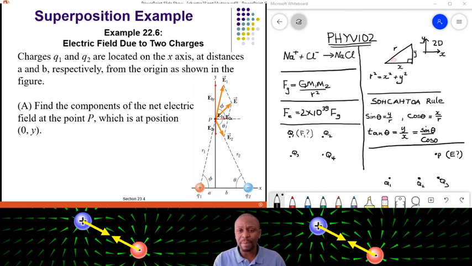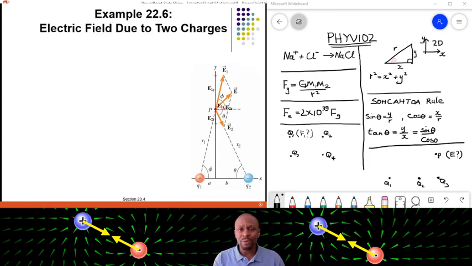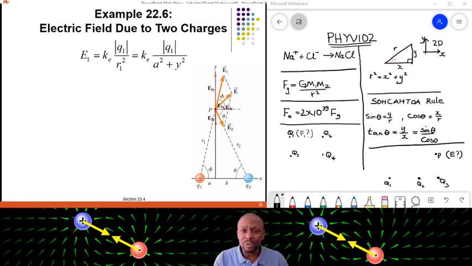Now, let us apply Coulomb's law. If you apply Coulomb's law for E1, this is what you are going to have. E1 is just going to be given by this. If we want to get the x and y components of E1, then we'll have to use trigonometry.